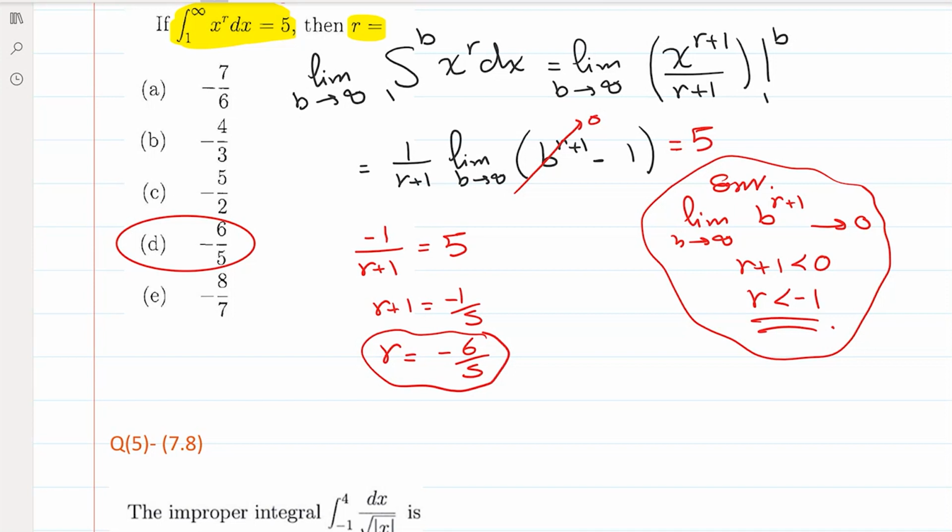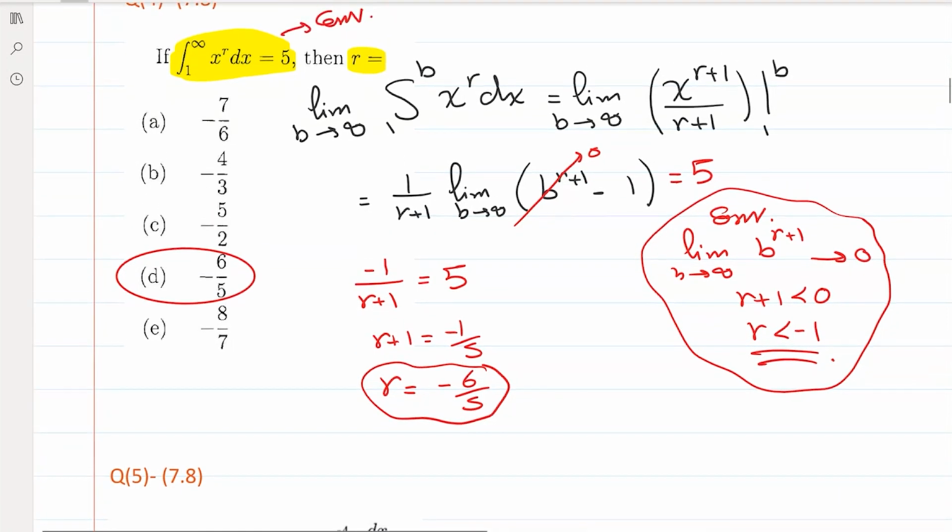Is that clear, guys? So the trick is here. You need to understand that this limit should go to 0, because if b is infinity to a positive power, it will be infinity, and in this case it will diverge. But I know that it converges.